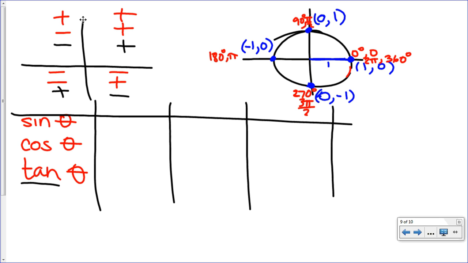So also, you guys should be very familiar that the x-coordinate refers to the cosine of an angle, correct? And the y-coordinate refers to the sine of an angle. So in this case, if I ask you what is the sine of 0 degrees or the sine of 2 pi, it will be 0. If I ask you what is the cosine of 2 pi, it will be 1. If I ask you what is the sine of 90 degrees, it will be 1. Okay?